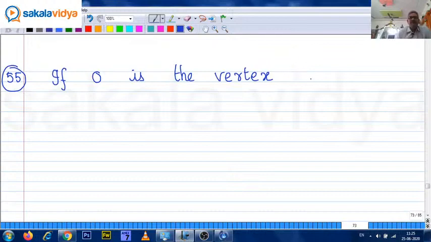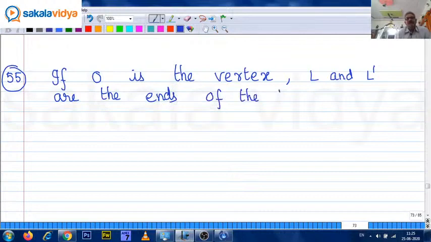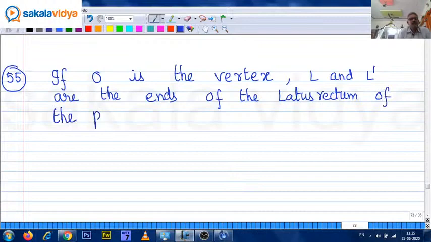O is the vertex, L and L dash are the ends of the latus rectum of the parabola y square equals to 4ax.